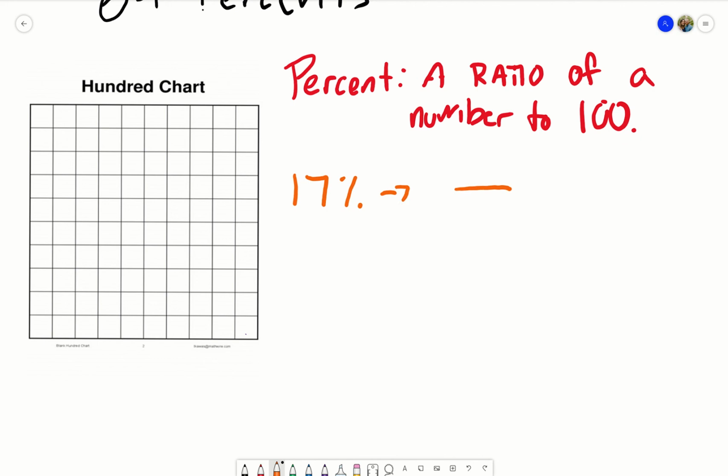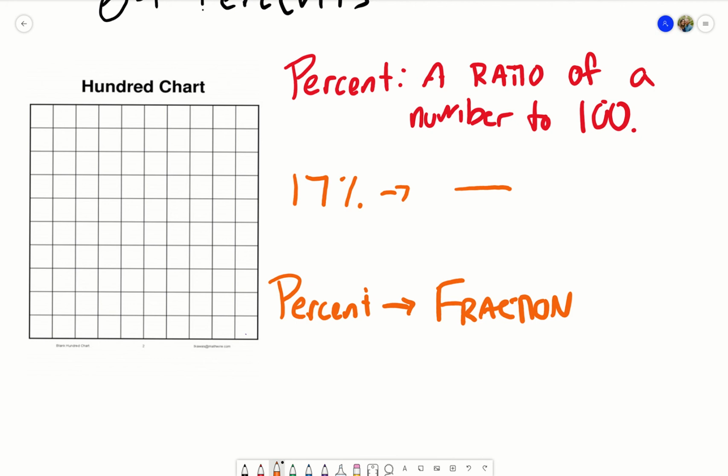If I want to go from a percent to a fraction, well, we know all percents are out of what number?